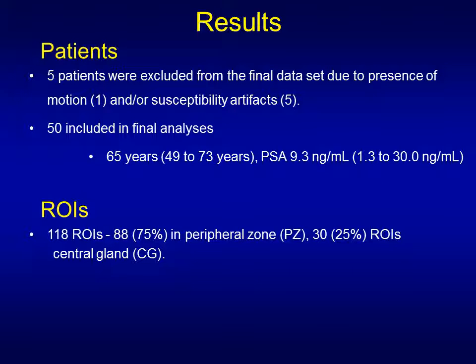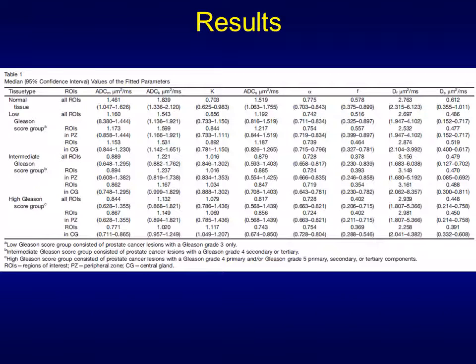In total, we enrolled 55 patients, but 5 were excluded either due to motion artifact or susceptibility artifact. 50 patients were included in the final analysis, and median and range for age and serum prostate-specific antigen are shown on the slide. In total, 118 ROIs were placed, 75% of these in the peripheral zone, while 25% in the central gland.